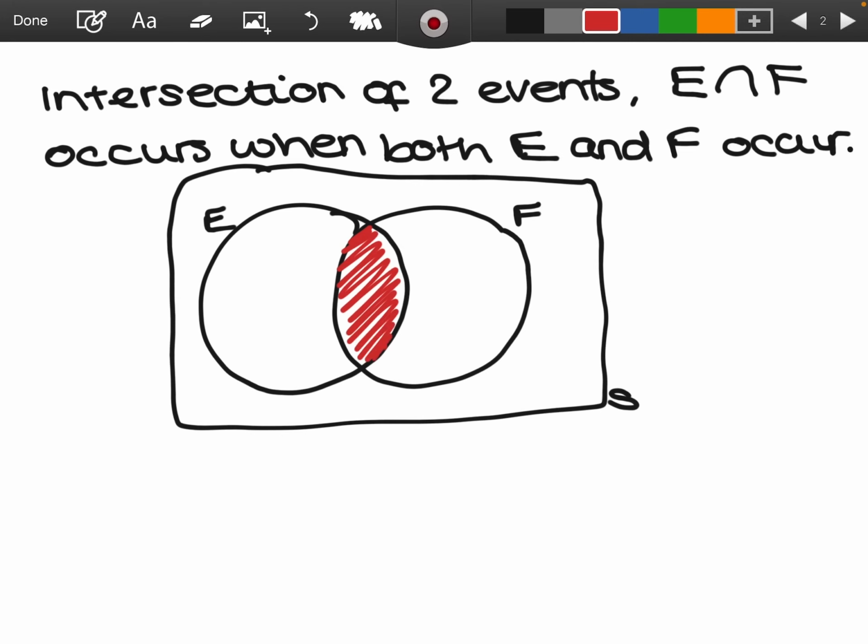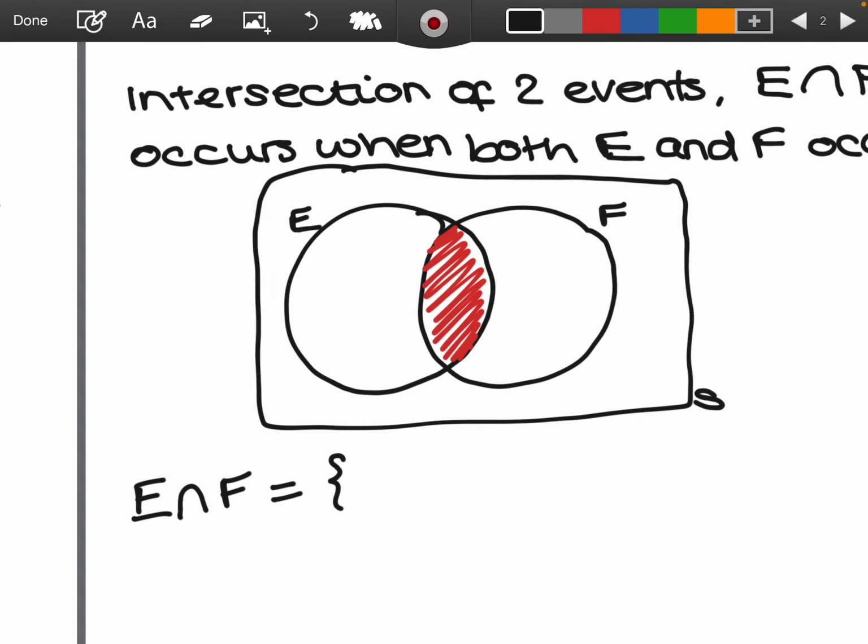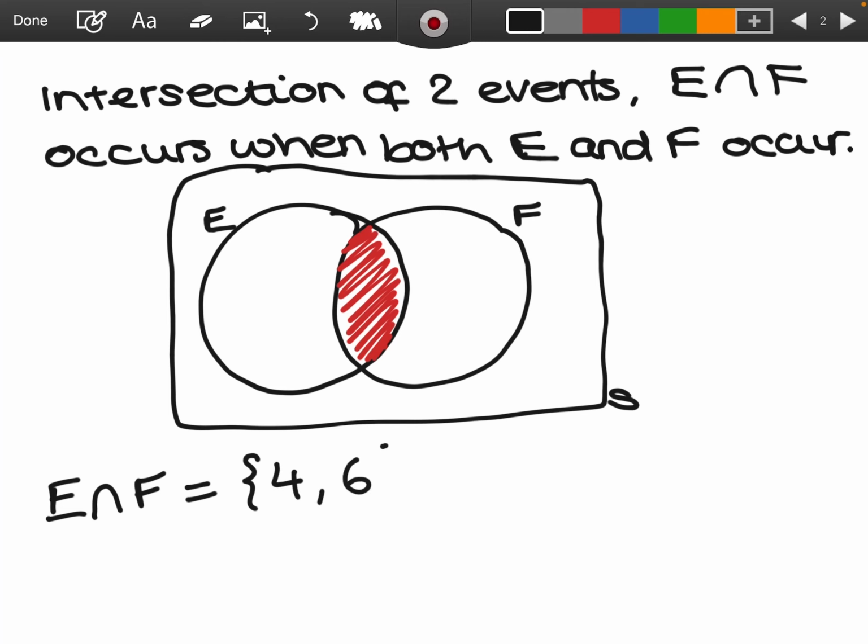So it's that overlapping section on a Venn diagram. What numbers in our example would actually be in E intersect F? It's the numbers that are in both sets. So 4 occurs in both and 6 occurs in both. So for our example, E intersect F is 4 and 6.